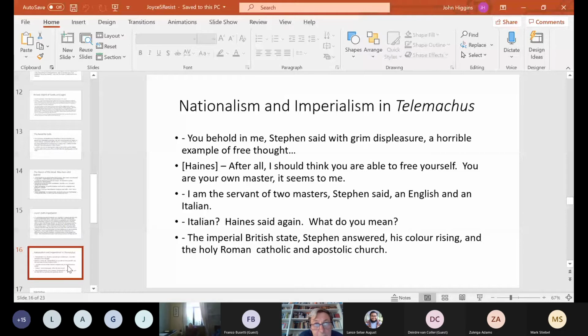Haynes, the Englishman, the visiting scholar, who is there as a kind of cultural colonizer or entrepreneur, as a kind of anthropologist, to come and look at the Irish and to collect some of their sayings and some of their stories, some of their folk history, and who is absolutely astonished by Stephen, as Buck Mulligan explains, because he's amazed to find that Stephen is just as intelligent, or even more intelligent than Haynes himself.